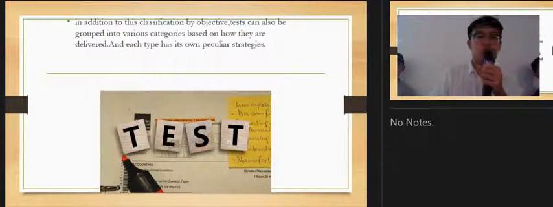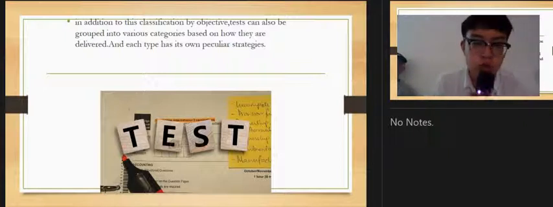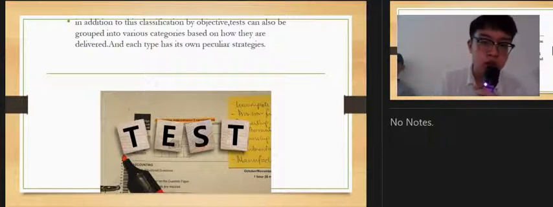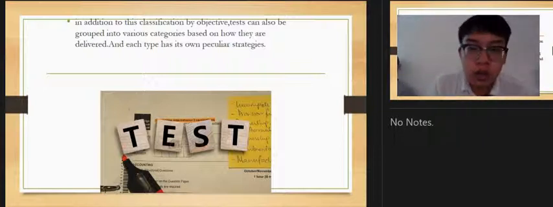In addition to this classification by objective, tests can also be grouped into various categories based on how they are delivered, and each type has its own peculiar stages.